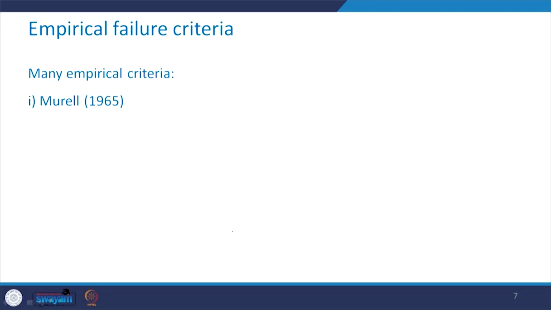Now there are many empirical criteria which are applicable in case of the rocks and rock masses. Once we have learnt about the basics of regression analysis, we can go ahead with empirical correlations or empirical failure criteria that are applicable in case of rocks and rock masses.